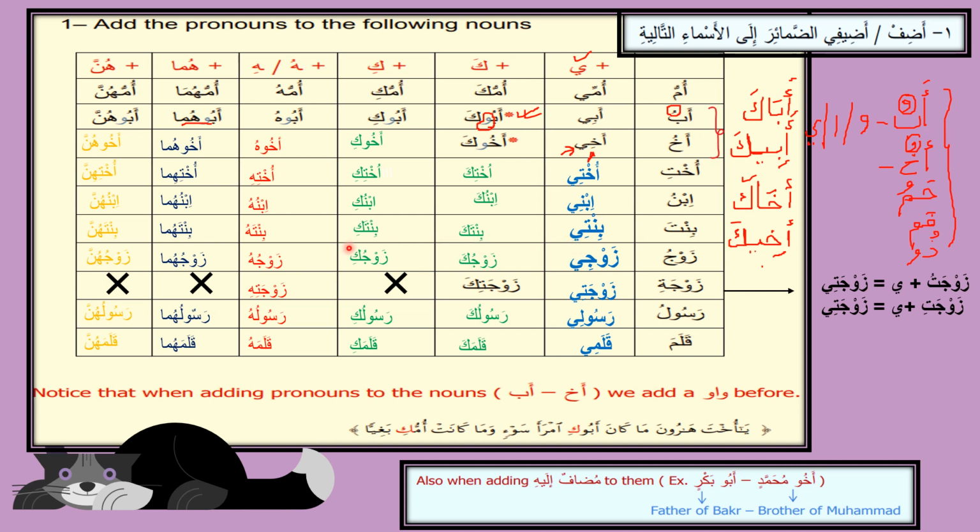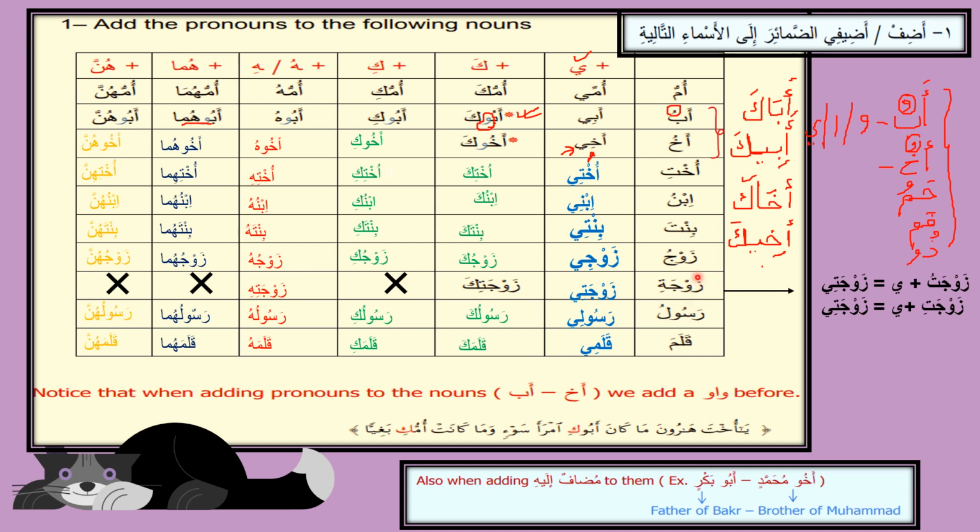Bintaka, bintaki, bintahu. The original haraka of the ta came back. Bintahu, bintahuma, bintahunna. Remember, if there is a fatha, the huma or the hunna or the hum does not change its haraka with the fatha. It only changes its haraka with the kasra.